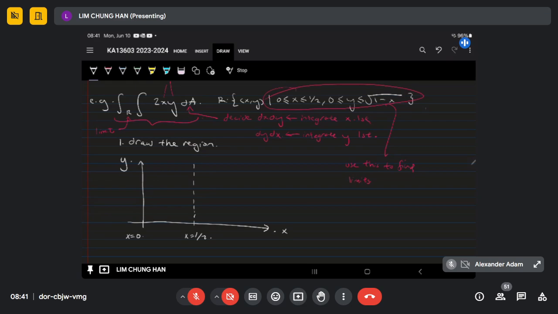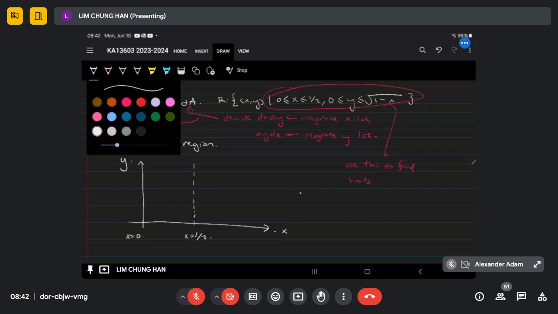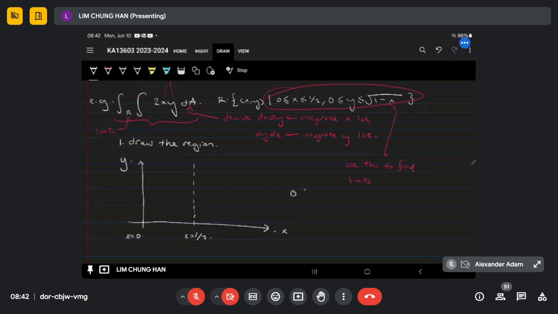Sorry, let me explain a bit deeper about the x one first. If you look at x, this is x is 0. This is how the x-axis is defined. x is bigger than or equal to 0, and x is smaller than or equal to half.